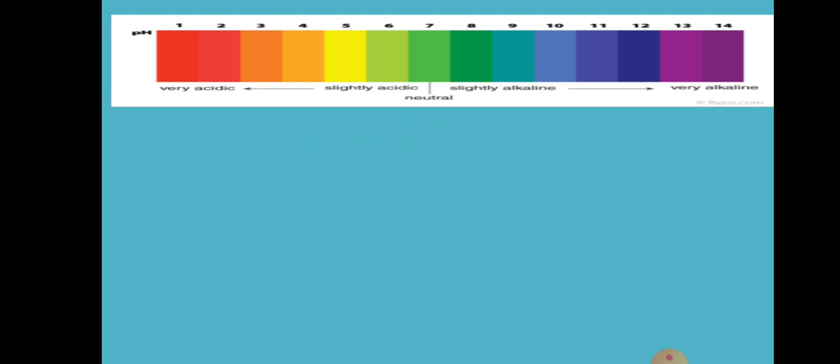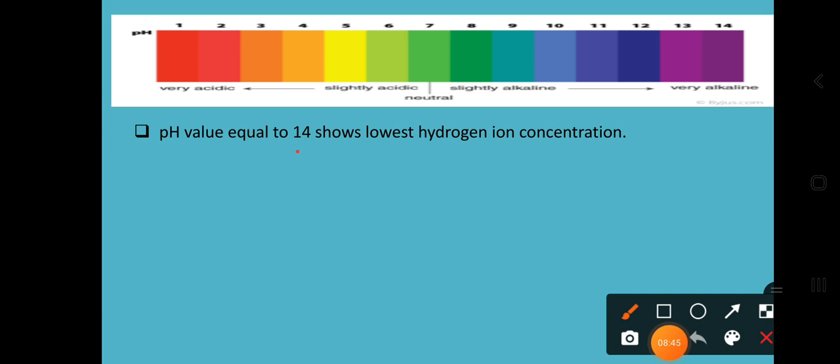So dear students, this is the pH scale we have. A pH value equal to 14 shows the lowest hydrogen ion concentration.